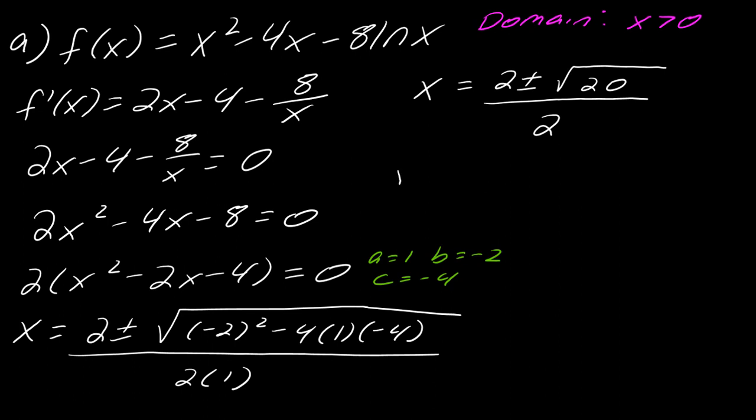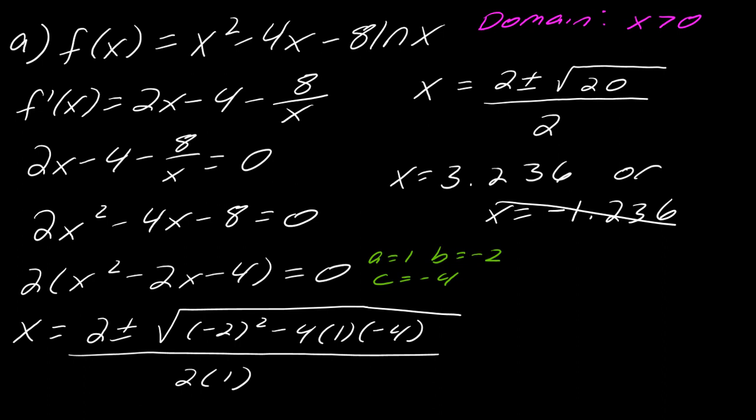And so in decimal form, I get two decimals. The first one is 3.236, and the other one is -1.236. However, we know that this negative one won't work because it's not in the domain, so we can just toss it out.